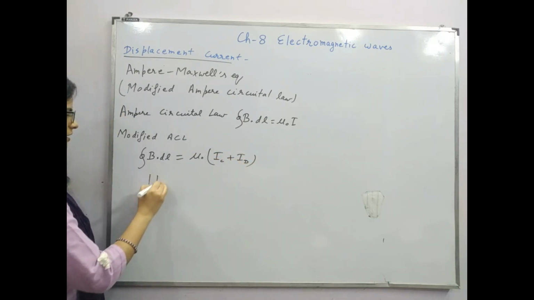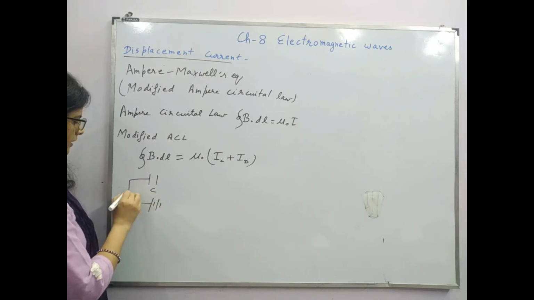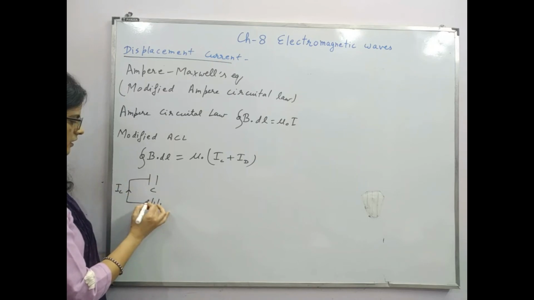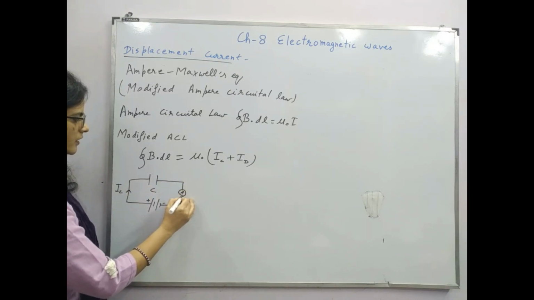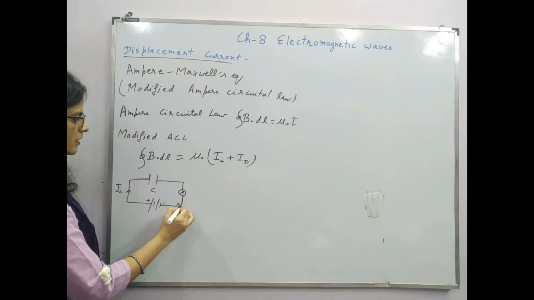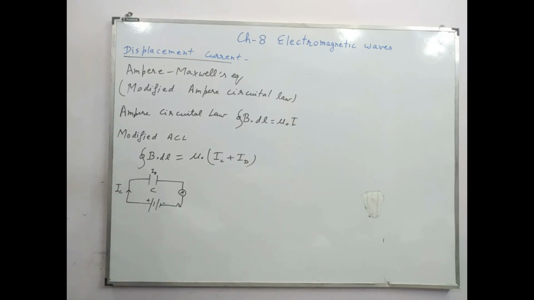So in that circuit, if this is your capacitor, then the current flowing through the normal circuit is called conduction current, and the current between the capacitor plates is called displacement current.